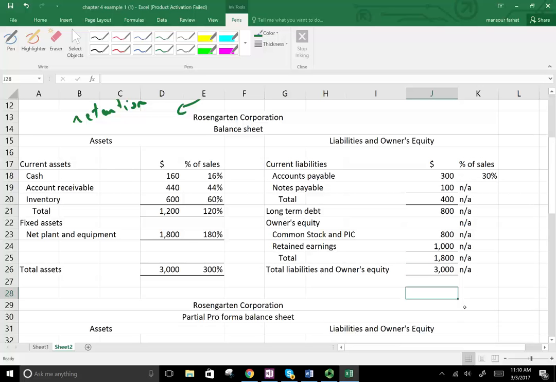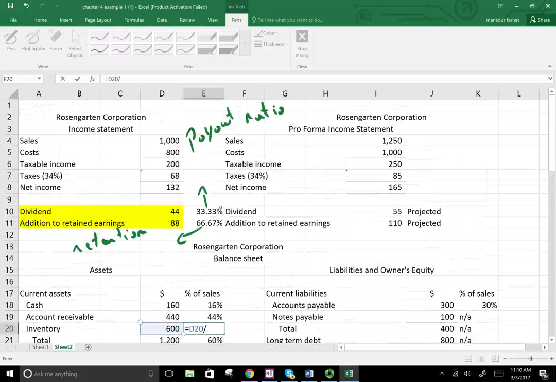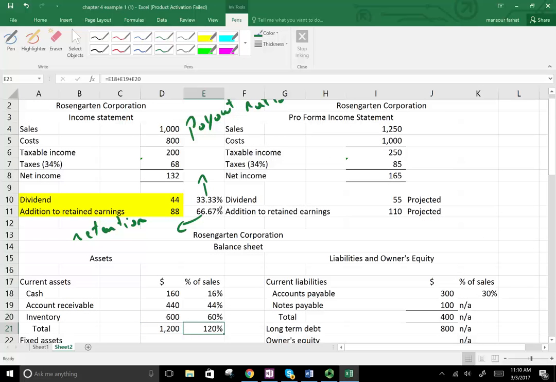Here's what we're saying. On the asset side, most of them vary. For example, notice what we assumed here. We assumed that inventory is 60% of sales. How did we come up with the 60%? Because sales is driving everything, we took our inventory account divided by sales, and inventory is 60% of sales.